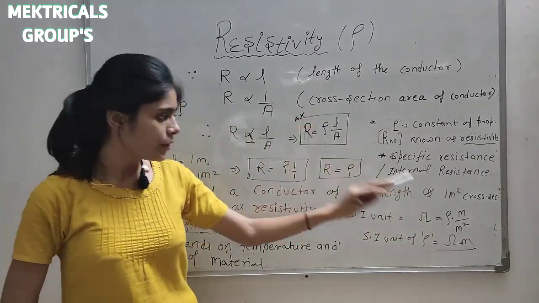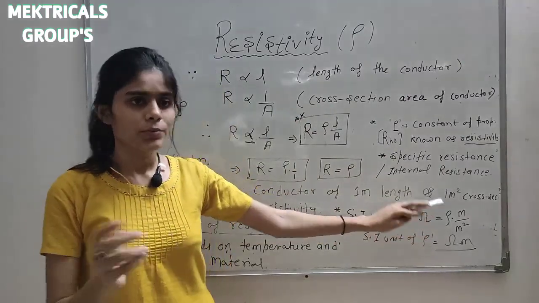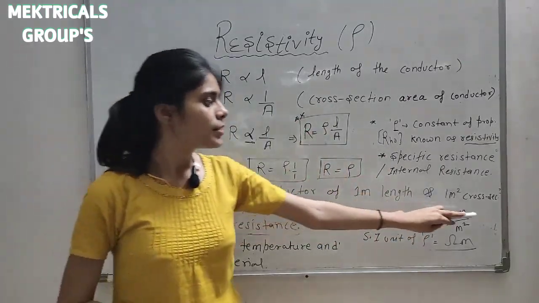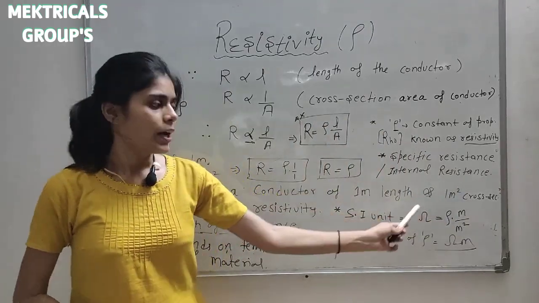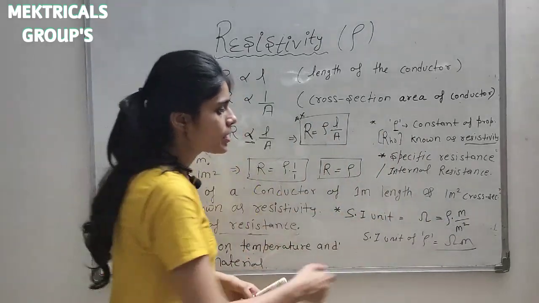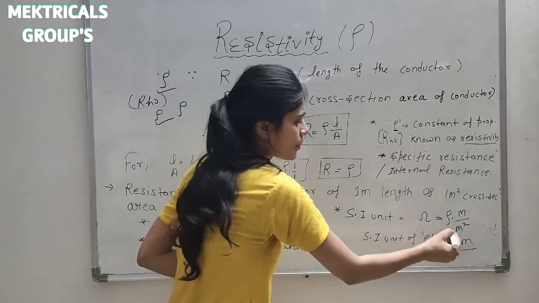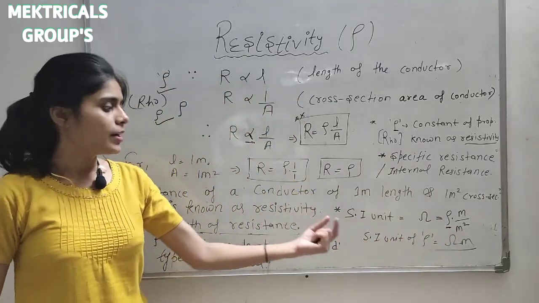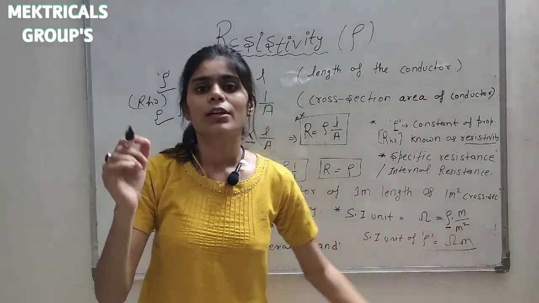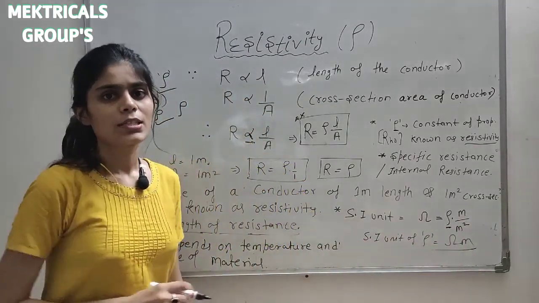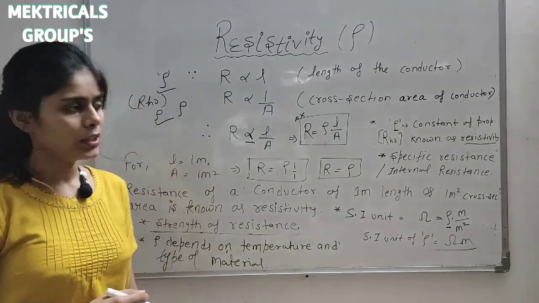The SI unit of resistivity we don't know. The SI unit of length is meter, and the SI unit of area is meter square. After solving, the unknown quantity is resistivity rho. The SI unit of rho comes out to be ohm meter. Remember, ohm meter is the SI unit of resistivity.